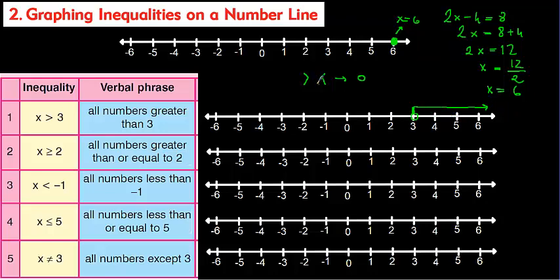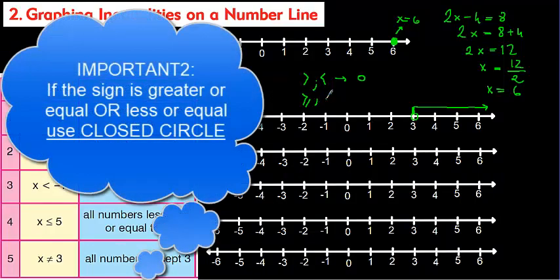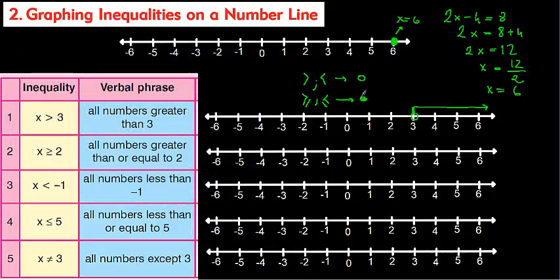And here, the second one is greater or equal to 2. When you say greater or equal to 2, we are going to first find the 2 on the real number line, but this time we are going to use a closed point for that one. Here, greater than and less than mean an open point, greater or equal to and less or equal to mean a closed point.